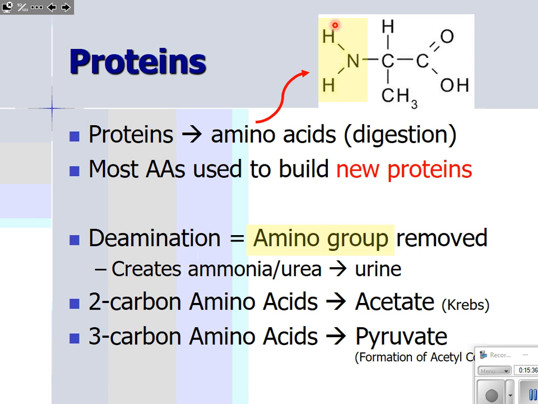And these leftover nitrogens, these leftover amino groups, become what we call nitrogenous waste. It kind of builds up and becomes a toxin inside the cell. And so our kidneys filter out that excess nitrogen and convert it into either ammonia or urea, and that's where pee comes from.